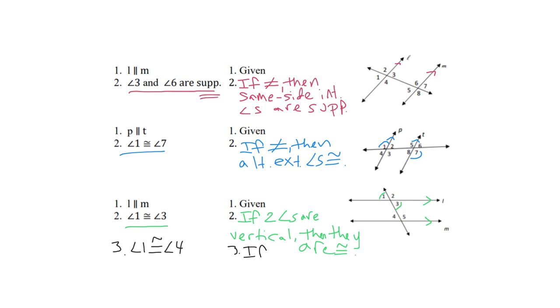We would say if two lines are parallel and cut by a transversal, then corresponding angles are congruent. So sometimes a statement is made just from something else we know, but sometimes it comes directly from the fact that we have parallel lines. More practice with proofs as we continue this chapter.